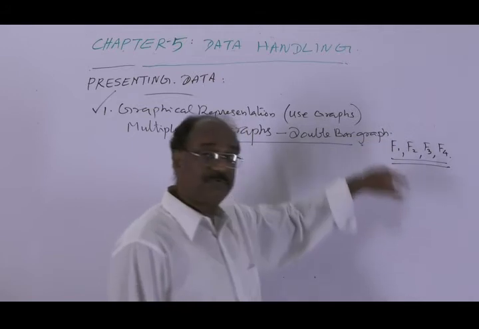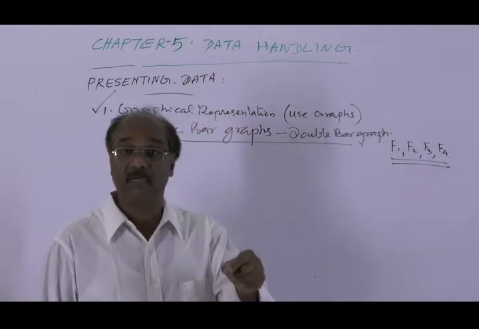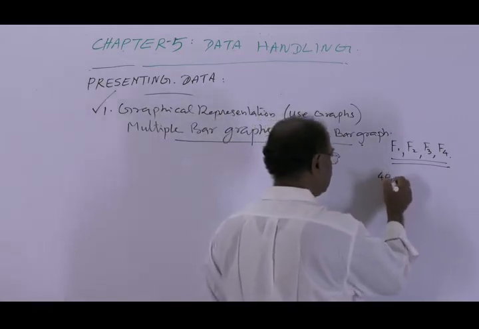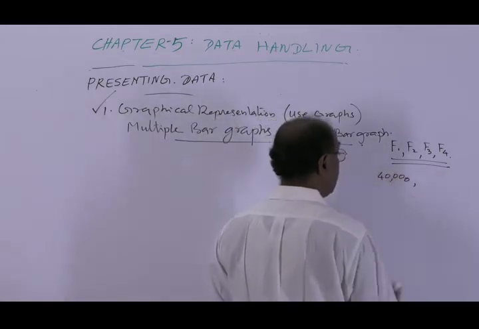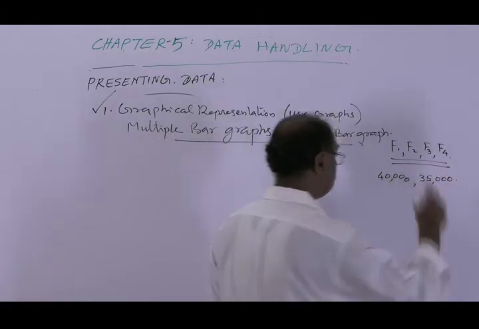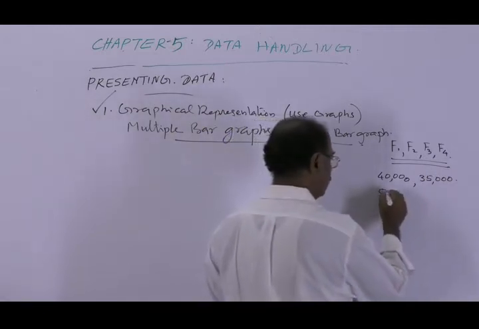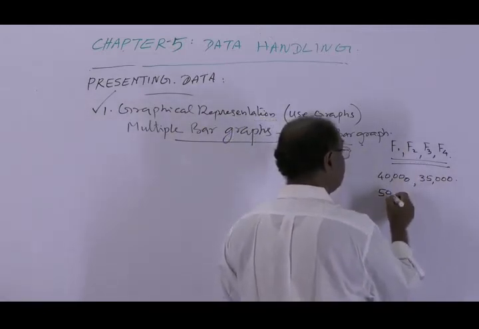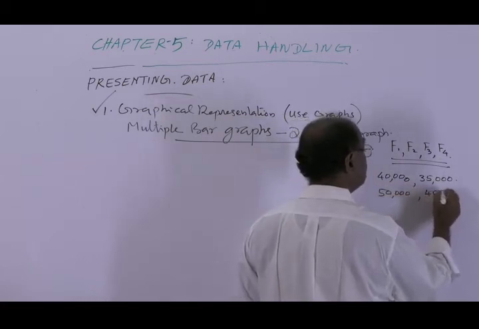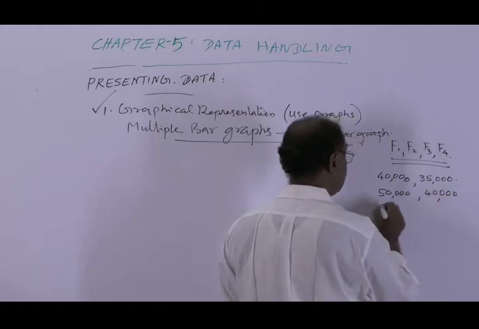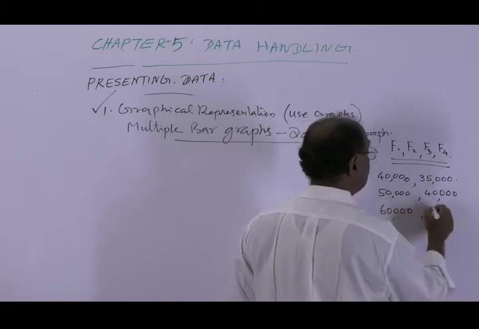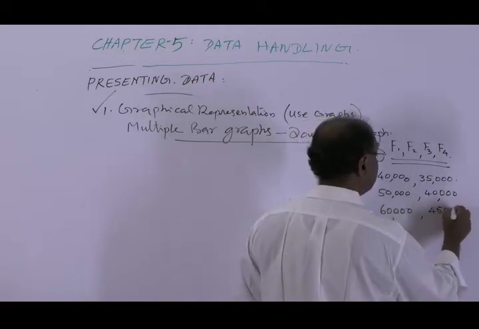Corresponding to family 1, F1, there will be 2 values, one for the income and the other for expense. Suppose for the first family, the annual income is 40,000 rupees and the expense is 35,000. For the second family, F2, income 50,000 and expense 40,000. And F3, 60,000 income and expense 45,000.